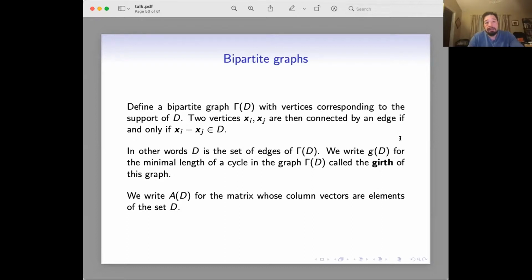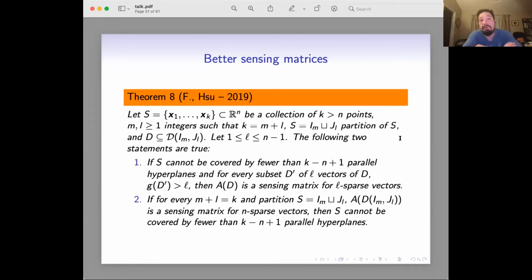So then I have the following property. Suppose S, the original set that I started partitioning to build my difference set, is a collection of k points.